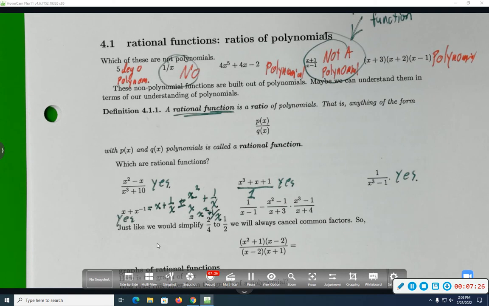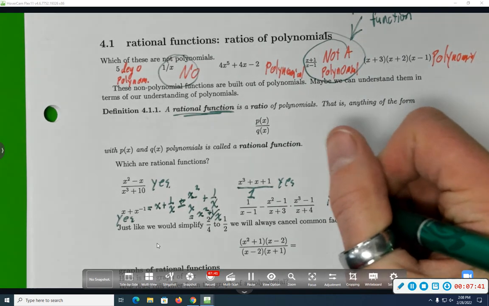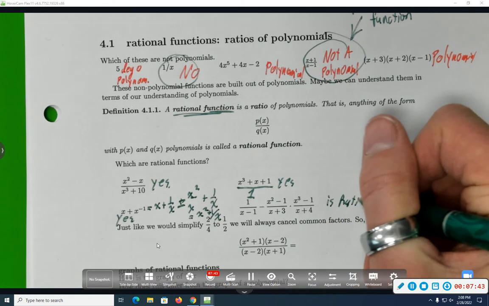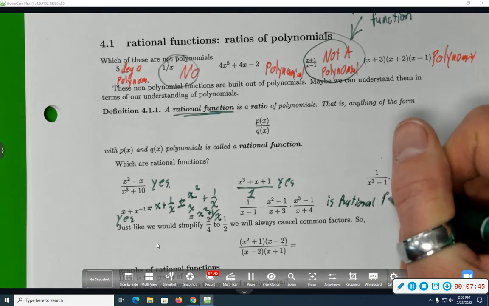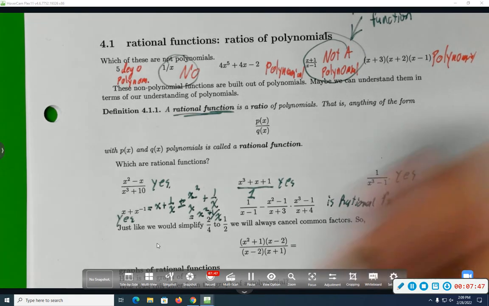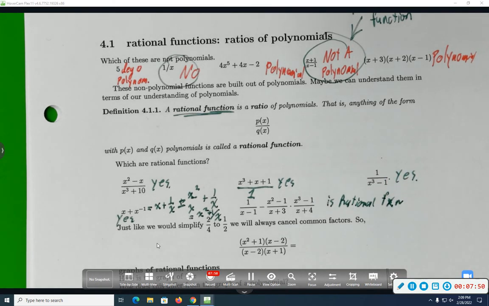Does that look like you could do some stuff to write that as a single fraction? Yeah. I don't think I want to do it, but one could. So that is also a rational function. I don't know why this time I'm saying that that is a rational function as opposed to just yes, which I wrote for all the other ones.